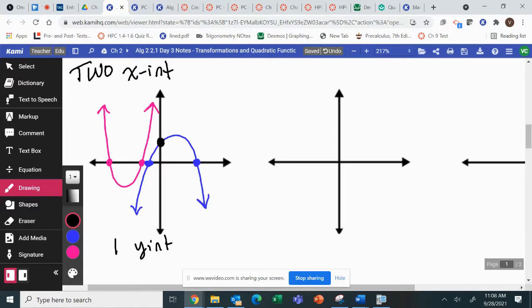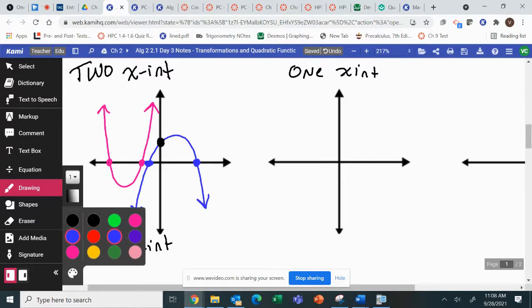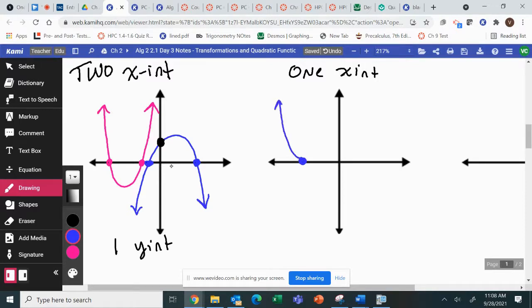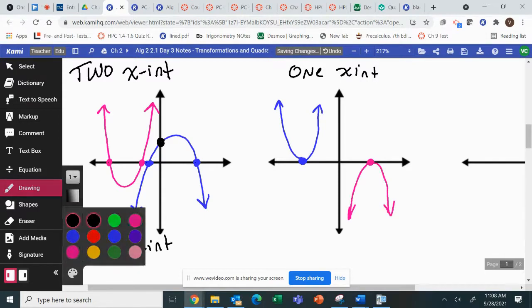My next case would be one x-intercept. To get one x-intercept, what has got to be on the line? The vertex. Very good vocabulary. If my vertex is on the x-axis, then I will have one x-intercept. And how many y-intercepts would I have? One. It's going to get wider and wider. There's always going to be one y-intercept.